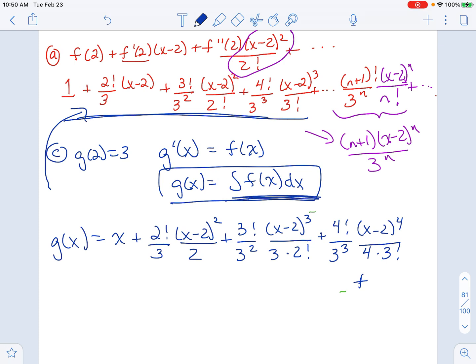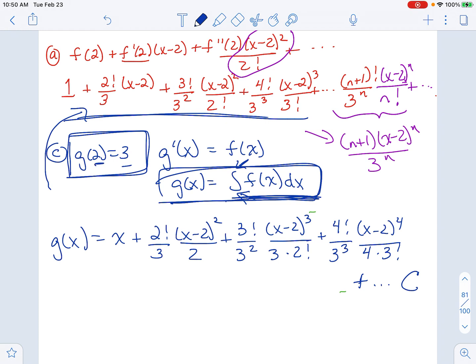But think back to when we take an antiderivative: there's no bounds, so you're going to need a plus c here at the end. We're going to need to find that c somehow, and what we're going to do is use this point. They're giving us a point to plug in to find that plus c. Again, you have a plus c because we're taking the antiderivative and we're not plugging in bounds.